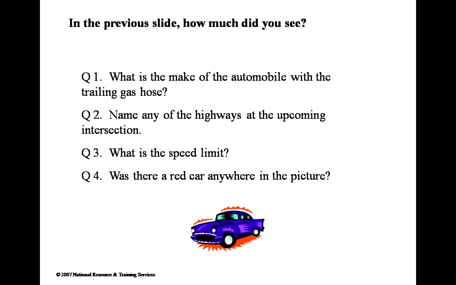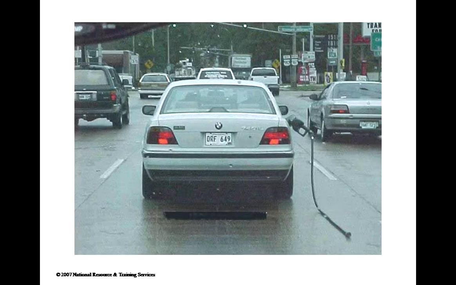What we're going to do here is learn how to observe. Looking at the slide again, now take a little more time and look around from left to right. You'll notice things like the speed limit sign on the left, the make of the vehicle, the tag number.